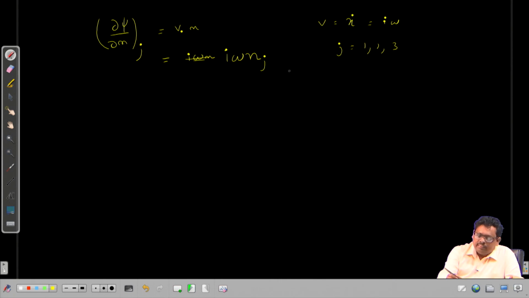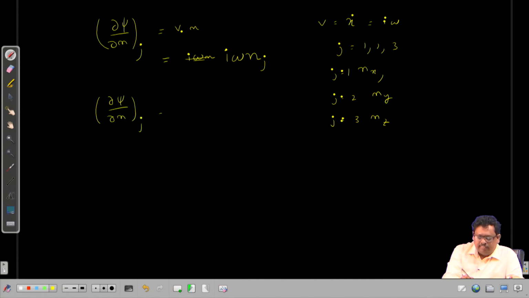So, if j equals 1, it is n x. For j equal to 2, it is n y, and for j equal to 3, it is n z. Similarly, for the other part, psi n j, we can call it r cross n, or in the slide it is called x cross n, it does not matter, and it should be j minus 3.